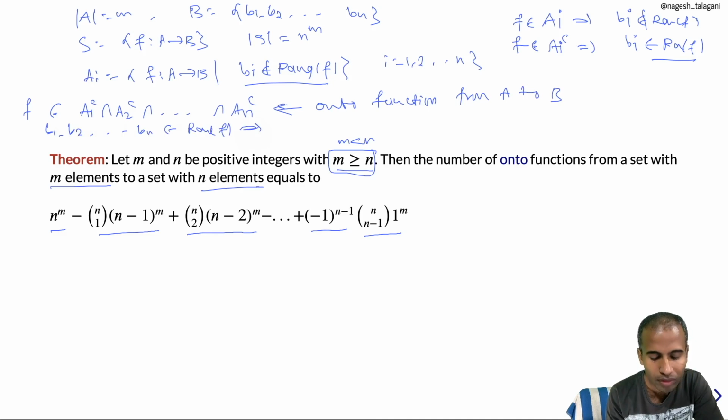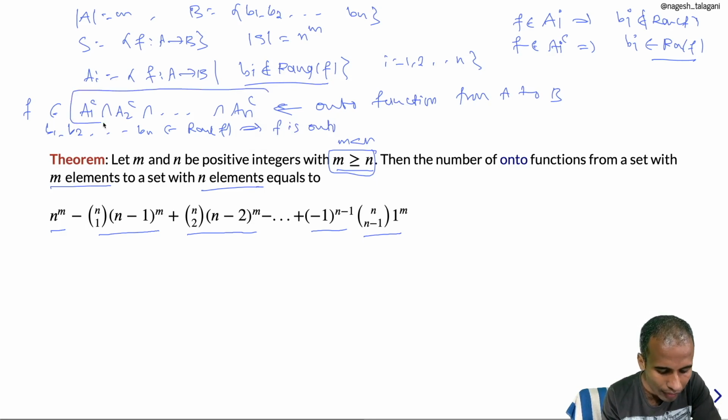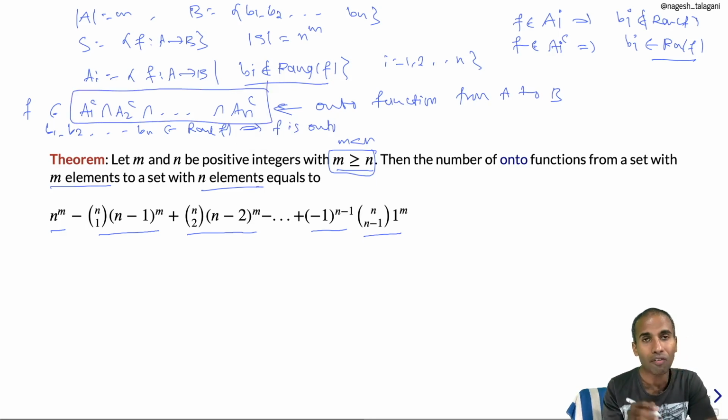That implies everything in the codomain is sitting in the range, that means range equals codomain, that implies f is onto. Okay, so that's why this set precisely consists of onto functions.